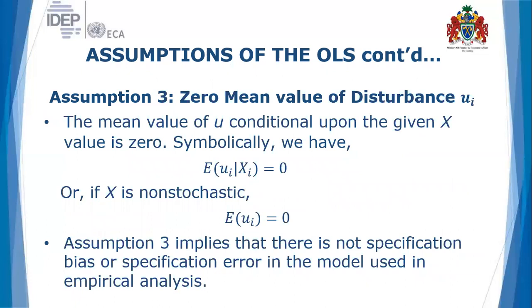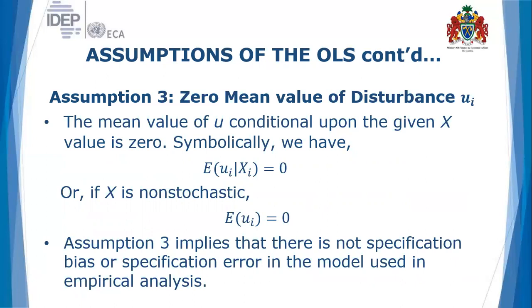Assumption number 3, zero mean value of disturbance, mu i. That means the mean value of mu, conditional upon the given x value, is 0.